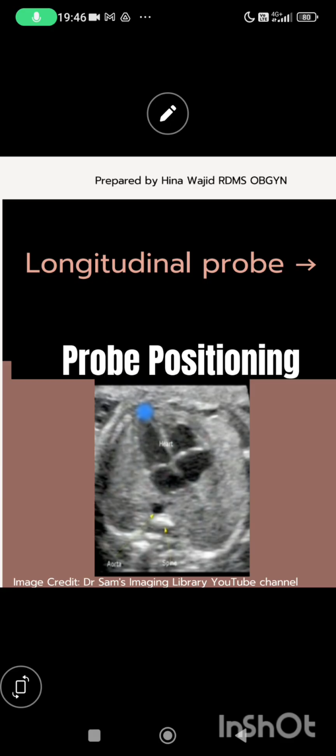The probe is longitudinal and you get this type of picture. So are you sure that it's cephalic? It's not. Transverse. Yes. It's transverse because the probe is longitudinal.